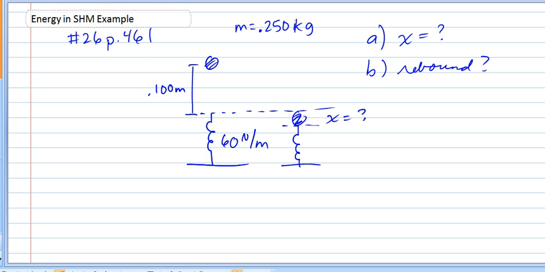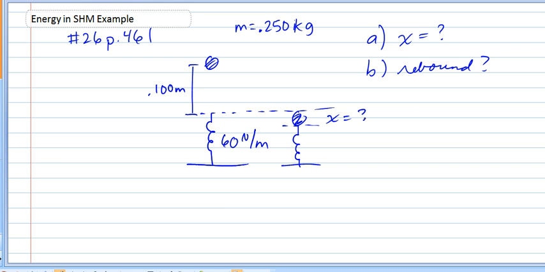And so we're looking at a situation where there are two different types of potential energy that we're dealing with here. We have potential energy due to gravity, and we also have potential energy due to the spring. So the way that we're going to set it up is like this.